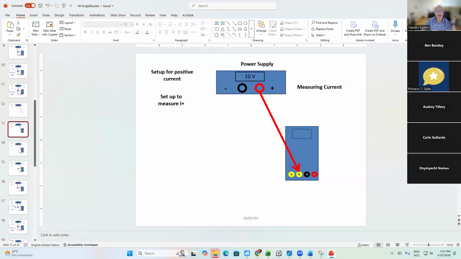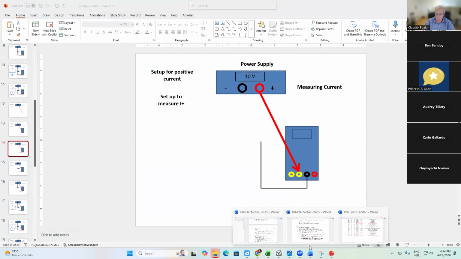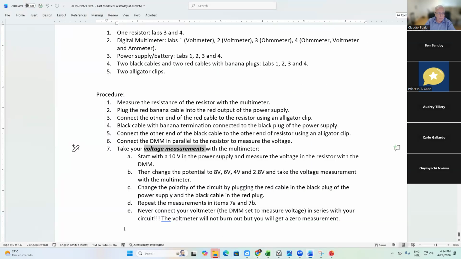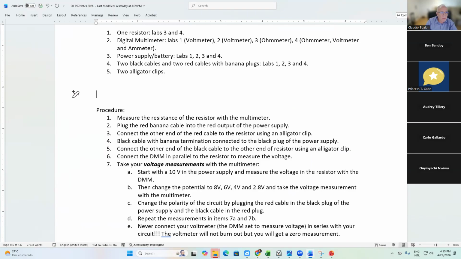So let's continue here setting up the circuit. The ammeter is in series. One very important difference between the ammeter and the voltmeter, I want you to remember that, okay?